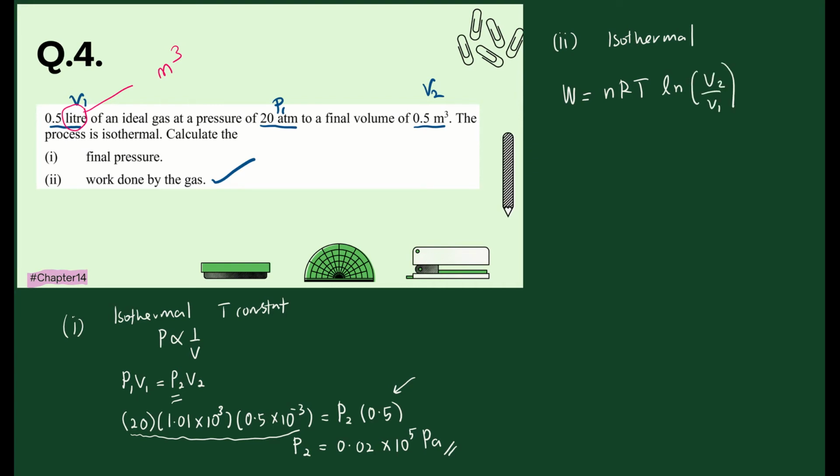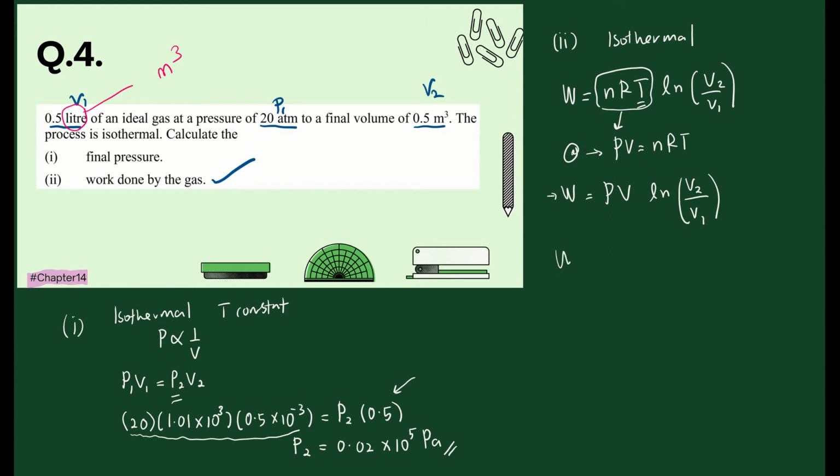But in this case we don't have the value of temperature, so bear in mind that we have the ideal gas equation PV is equal to nRT. So this term nRT can be written as PV. Now the equation becomes work done is equal to PV ln V2 over V1.